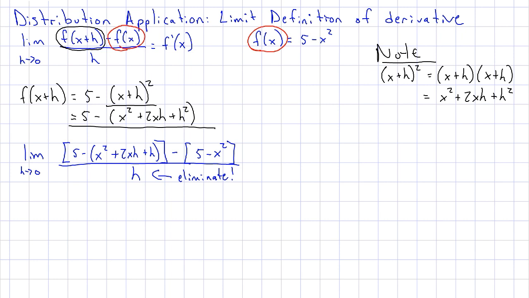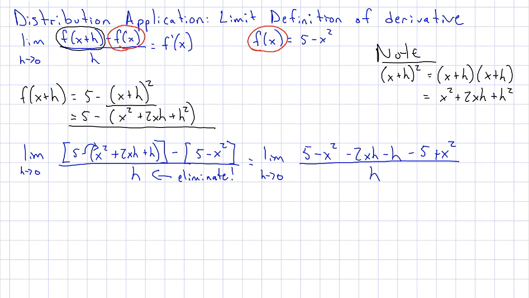In order to save space, I'm just going to write equals over here. So I have the limit as h approaches 0. I have 5 minus x squared minus 2xh minus h. So all I've done is distribute that negative. Then I have minus 5 plus x squared all over h. Now I can start to eliminate things.